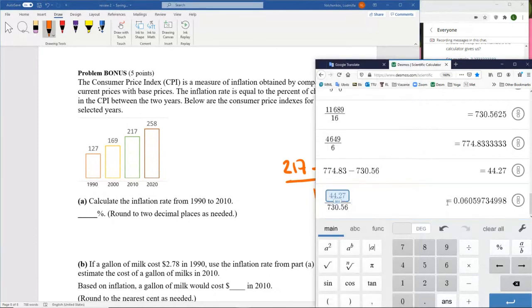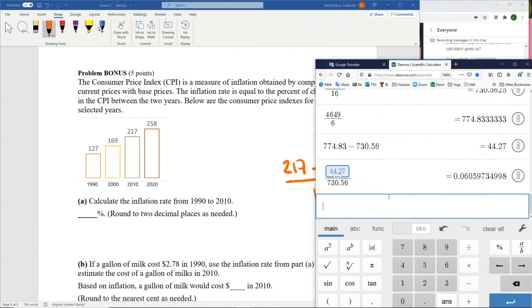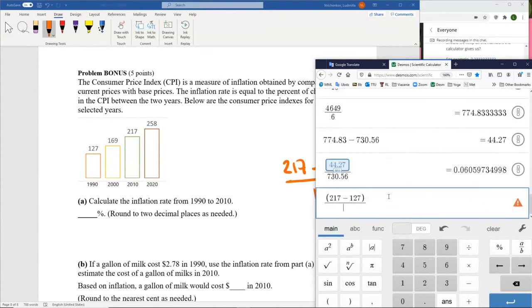So 217 minus 127, and don't forget parentheses when you have a difference or sum, and divide by the smaller one, 127.